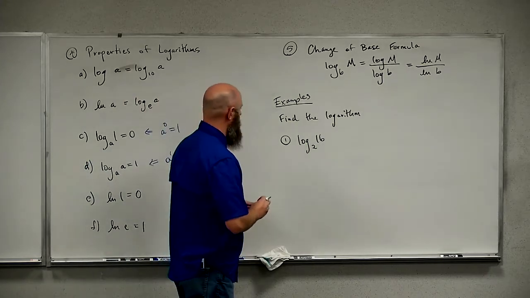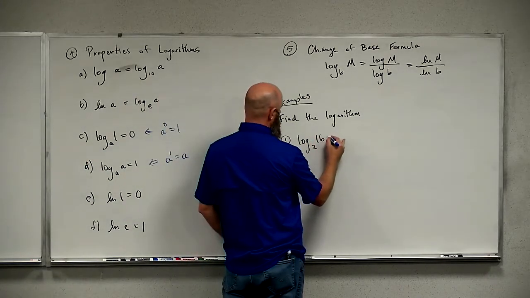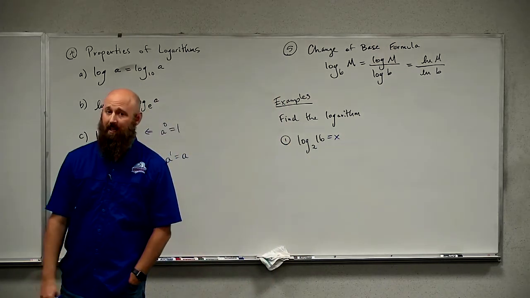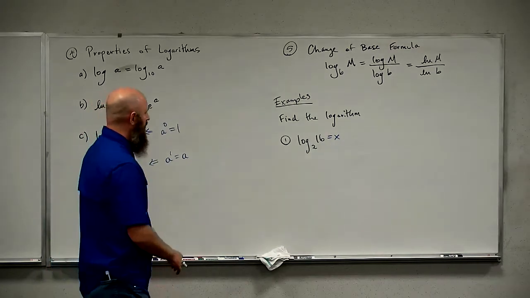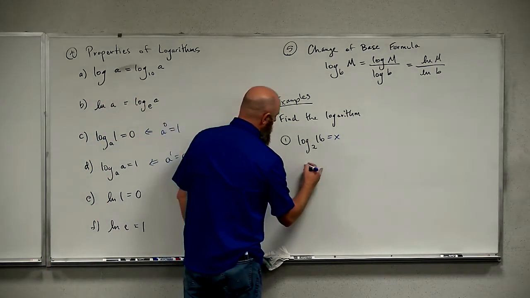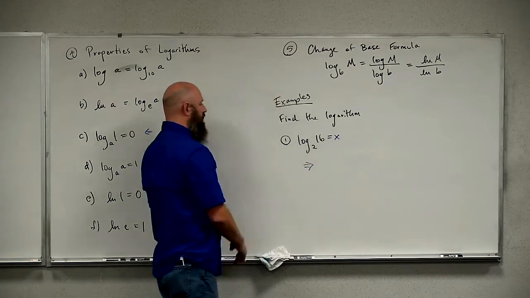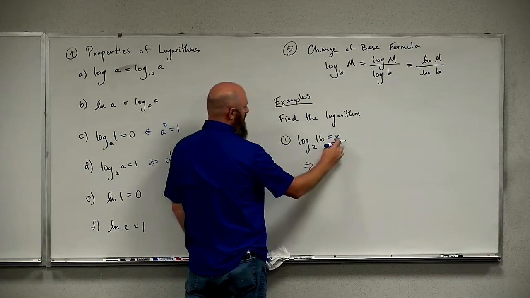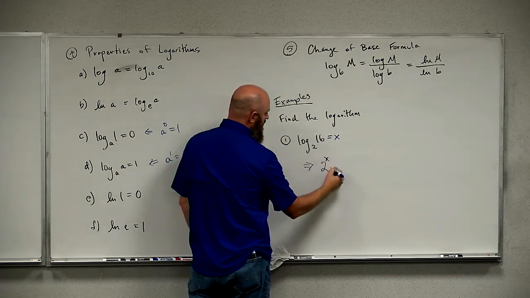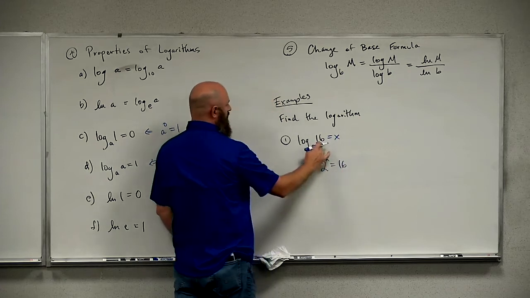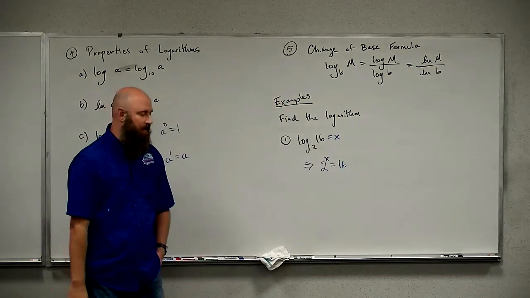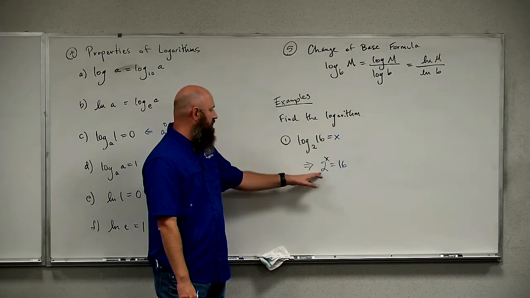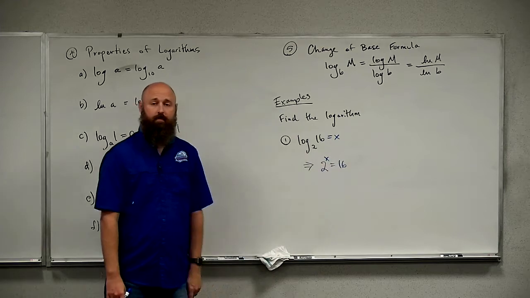What I'm going to do here is imagine for a second that we're solving for this. Since we don't know what the answer is, we're going to call our answer x. Now I'm going to use what I know about logarithms. I can rewrite this as our base 2 to the power x equals 16. So now instead of reading log base 2 of 16 equals x, it reads 2 to the x equals 16.